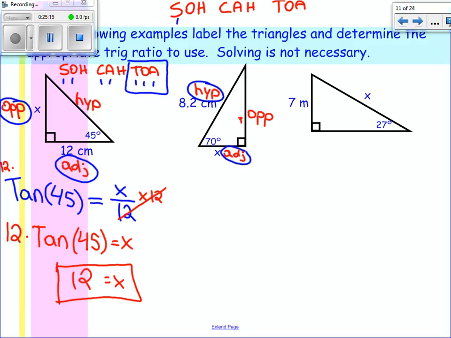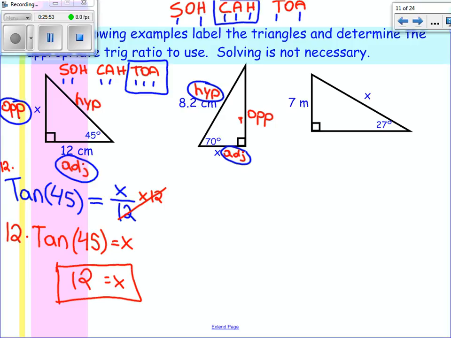I then am going to check off the things that I circled in step 2. So I'm going to check off all my H's, and I'm going to check off all my A's. One of those should have 3 check marks. In this case, it's cosine, so cosine equals adjacent over hypotenuse. That's what we have to use for this question.